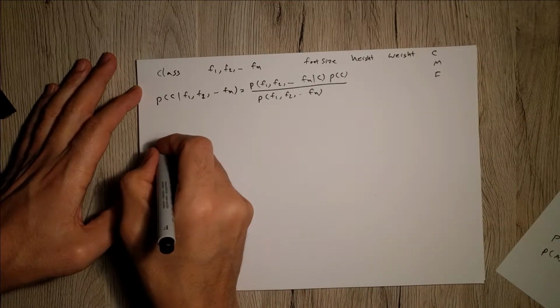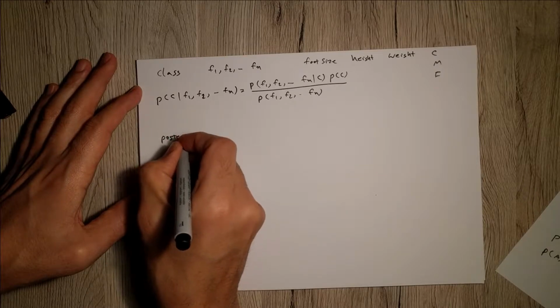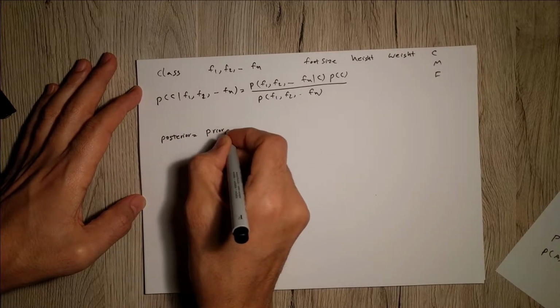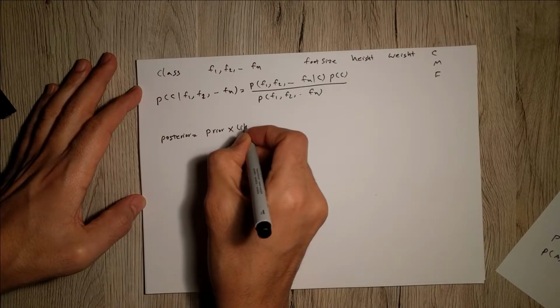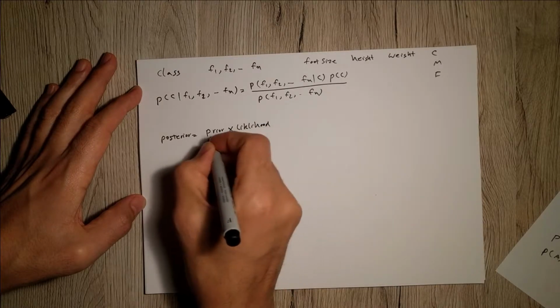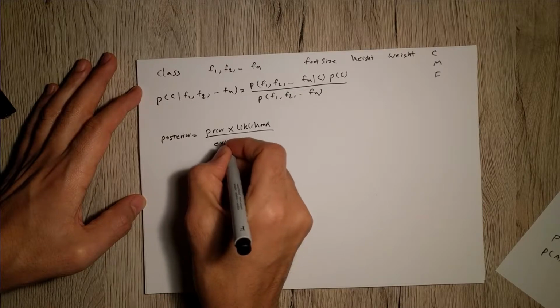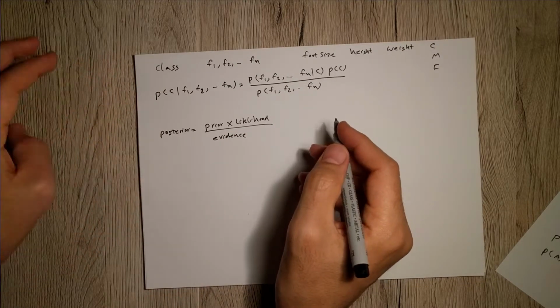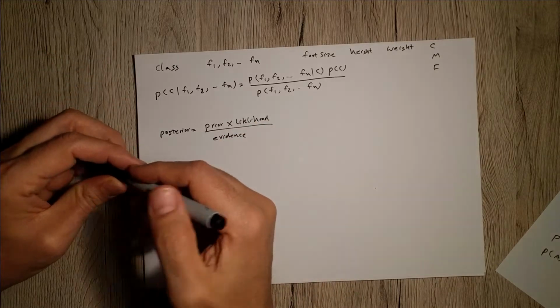Okay, so this is called the posterior equals prior multiplied by likelihood over evidence.